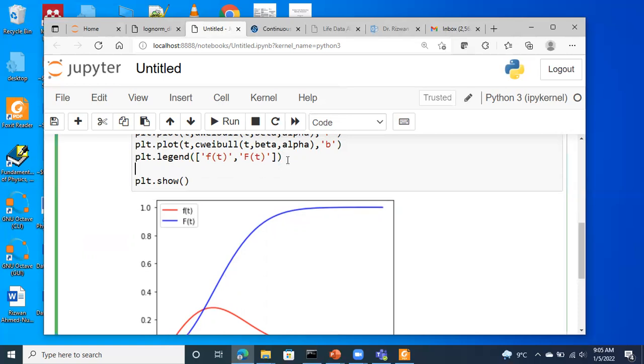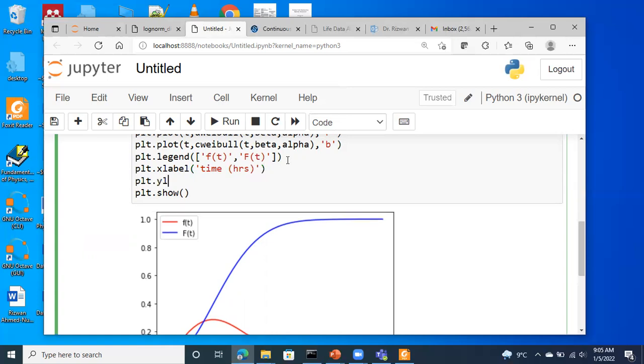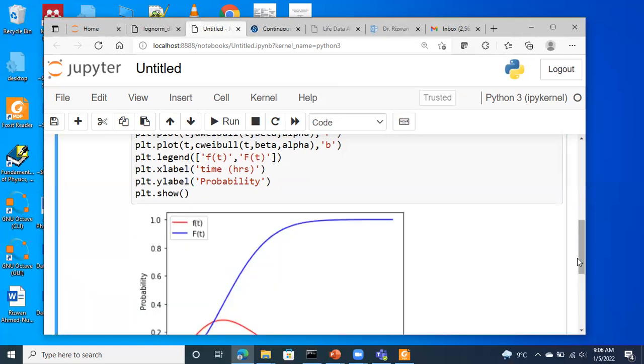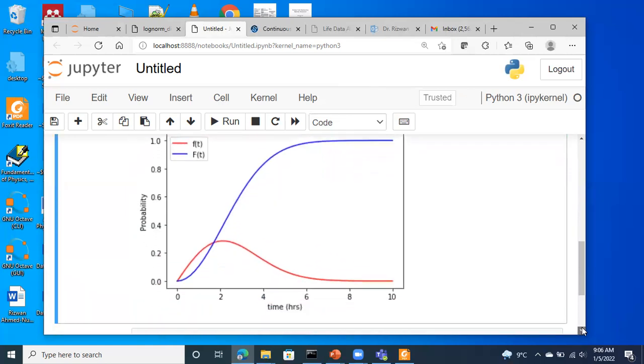We have two curves, so they must be distinguished with the legend, and there should be titles. How to give titles? So with plt, we say xlabel. So it is time, right? And you should provide the units, say hours or years, and plt ylabel, and it is the probability functions, right?